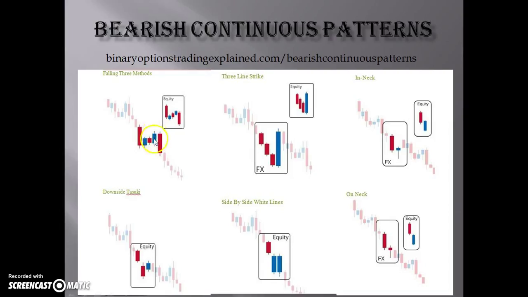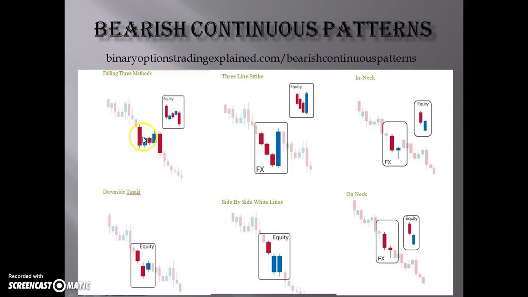Then you wait for a bearish candlestick to open at the closing price of the bullish candlestick. Now when it opens at the closing price of the bullish candlestick, it closes below the closing price of the first bearish candlestick. Now this is how it forms. It forms like a zigzag, something like this way, that way, that way. So it forms like a zigzag.